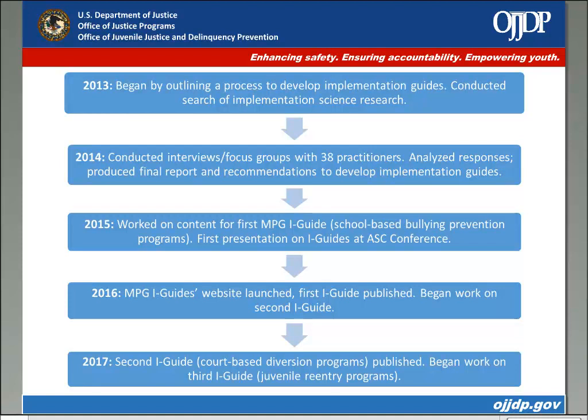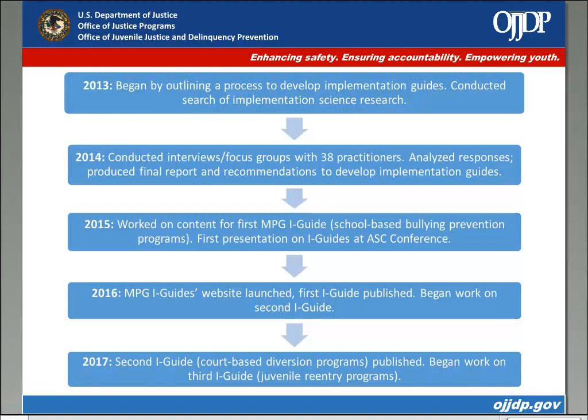The individuals were interviewed because of their experience implementing programs, policies, and practices targeting youth in their community. They were asked a number of questions about their experience, such as what do you think are the key steps in the implementation process, and what are the major lessons you learned while implementing the program, among other similar questions. With all that information, we analyzed their responses to identify overall themes and key points regarding the implementation process.